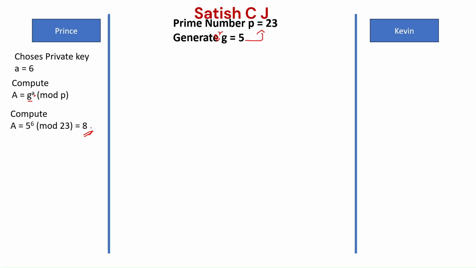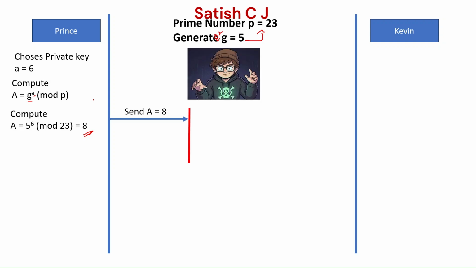The next step Prince does is transfer the value of A to Kevin. He wants to communicate with Kevin, so he transfers the packet. While the packet is in transit, here we have the hacker, who is the man in the middle. He is intercepting the packet, and he prevents the packet from reaching Kevin. The hacker now computes.